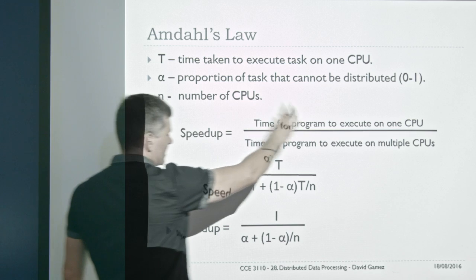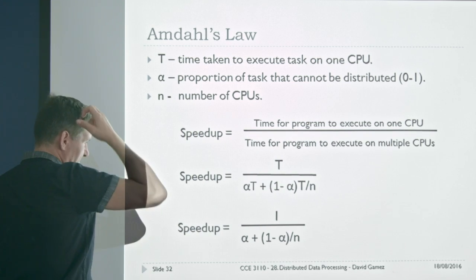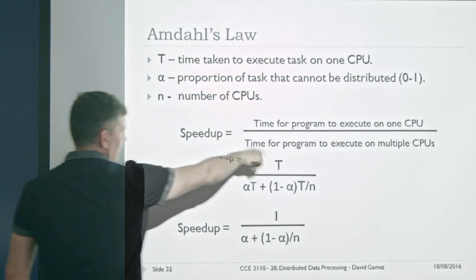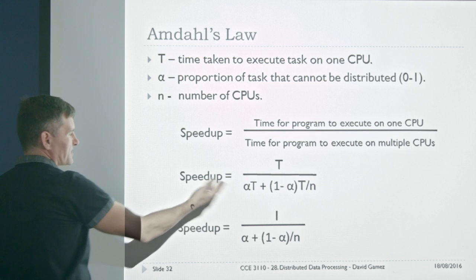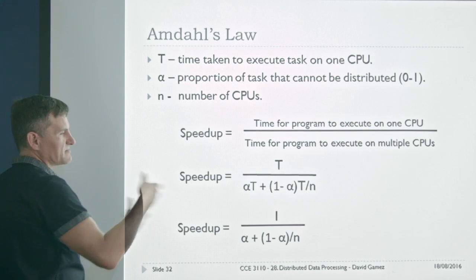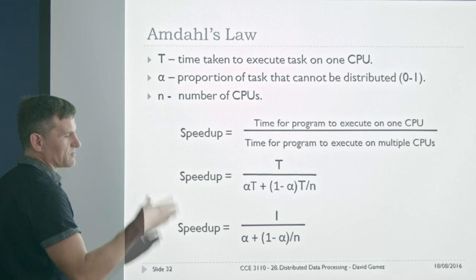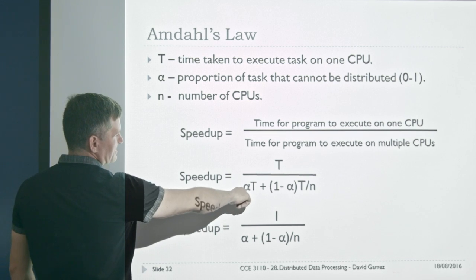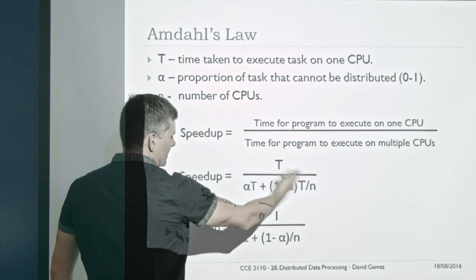So I said speed up is the time for the program to execute on one CPU divided by the time for the program to execute on multiple CPUs. So this top thing is just t. And then at the bottom we've got alpha t. So say 9/10 of the task can easily be parallelized, and 0.1, or 1/10, can't. In this case it's going to be 0.1 times t plus (1 minus alpha) times t, which is the parallelizable bit.